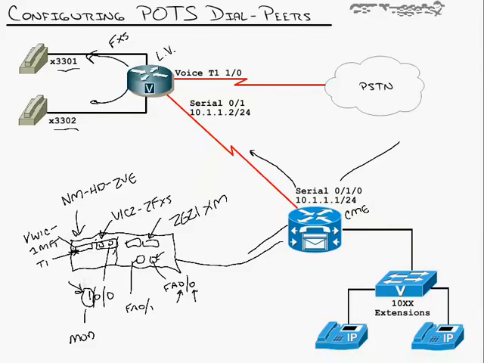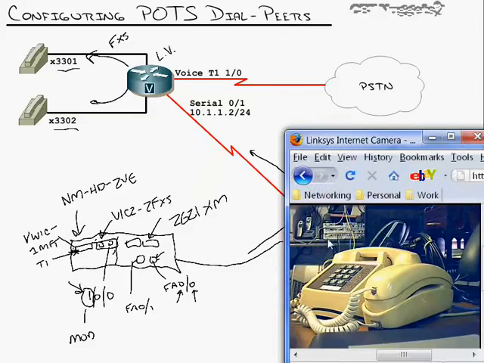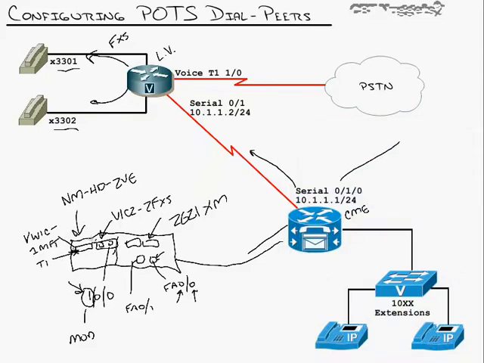Now you'll notice in this module, and this is again my tiny view, this is the whole module. There are two, and this is microscopic, so I know you can't see it. There are two modules inside of here, two VIC cards or voice interface cards. The first one is considered VIC card 0. That's this one to the right. The second one is VIC card 1.